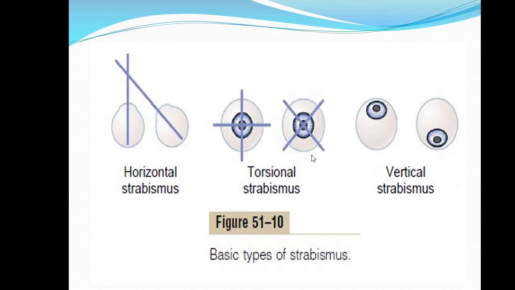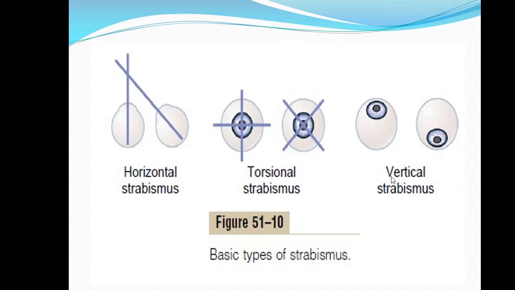Then it can be torsional. In torsional strabismus, the eyeball will be deviated in an inclined plane, like outward and downward, or upward and inward, or downward and outward in oblique lines. The other type is vertical strabismus, in which the eyeball is rotated either upward or downward.